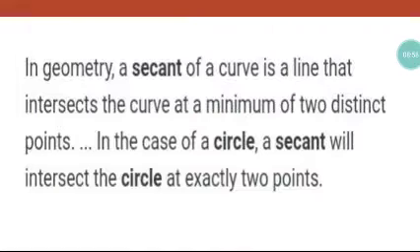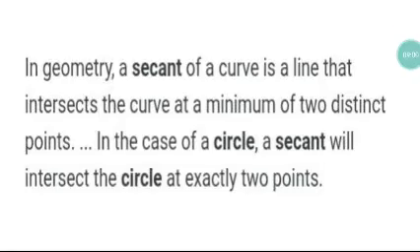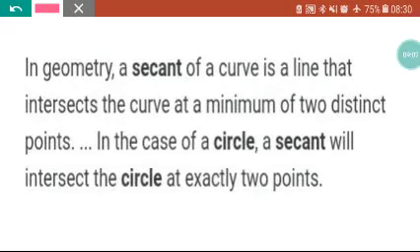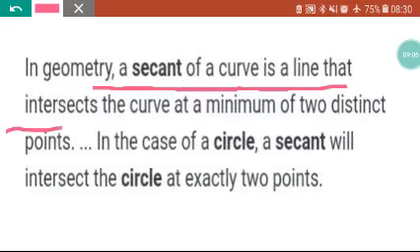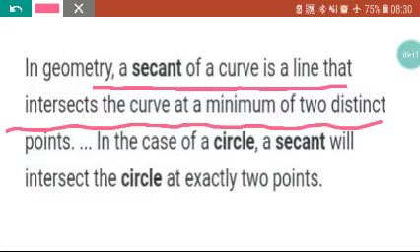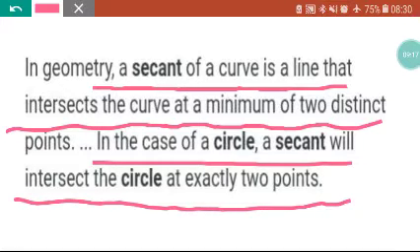Now we have the secant. A secant of a curve is a line that intersects the curve at a minimum of two distinct points. It is written also that in the case of a circle, a secant will intersect the circle at exactly two points. Clear?